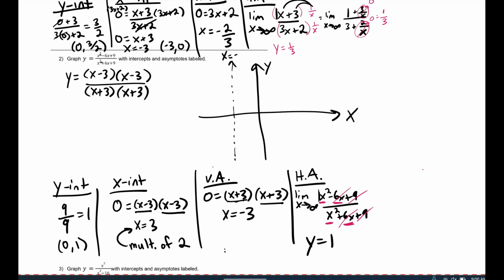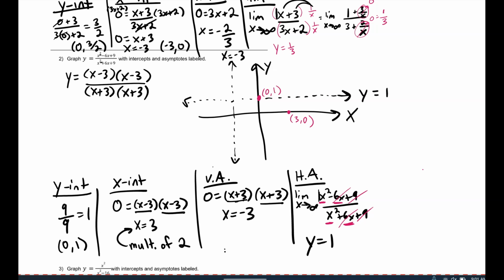And again, anytime I include an asymptote or an intercept, I'm going to include a label. And there's a y value of 1 that this function is going to approach on the right-hand side and the left-hand side. Additionally, I know I have an x-intercept at +3. So let's say right here. And I have a y-intercept of 1.